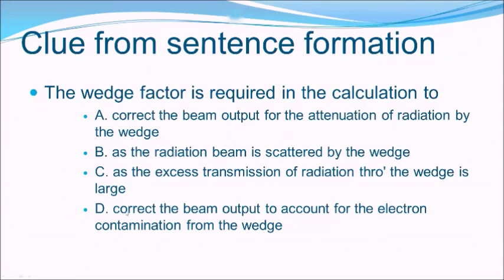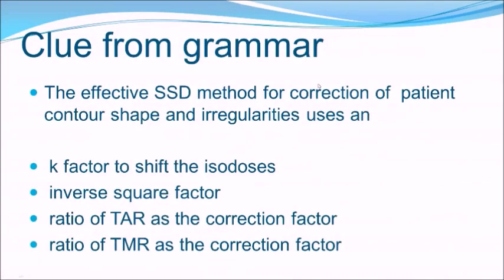Now your options become only 2. So your sentence, the phrasing, the English should be correct. If you make something slightly different, then he will catch from that difference itself that this is not the right answer. Again, the grammar: the effective SSD method for correction of patient contour shape and irregularities uses, and then I use 'and K factor' here. 'And' cannot be followed by K as per English grammar, so people will immediately remove this.